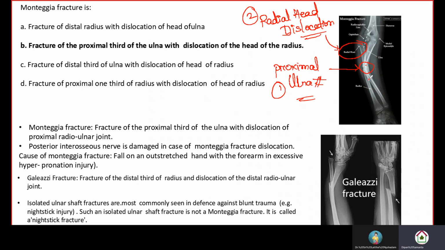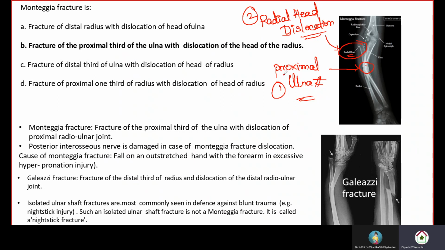There will be no such breaking, but there may be a little fracture in the radial portion. But what majorly occurs is radial head dislocation. So two features: proximal ulnar fracture with radial head dislocation.